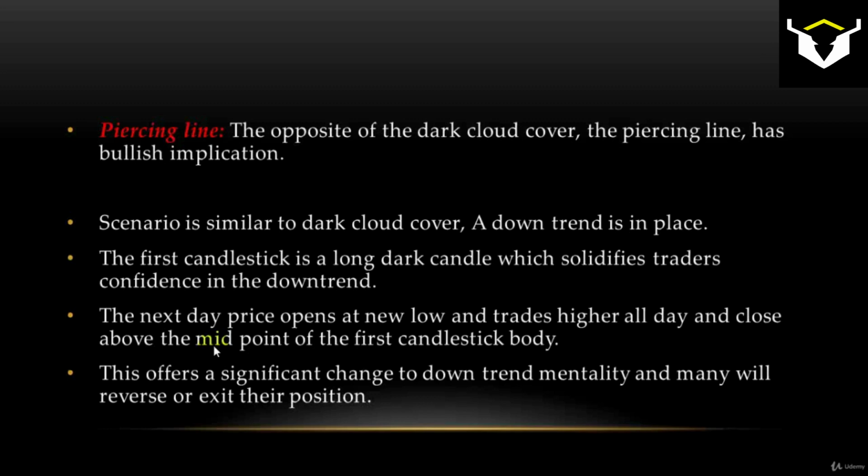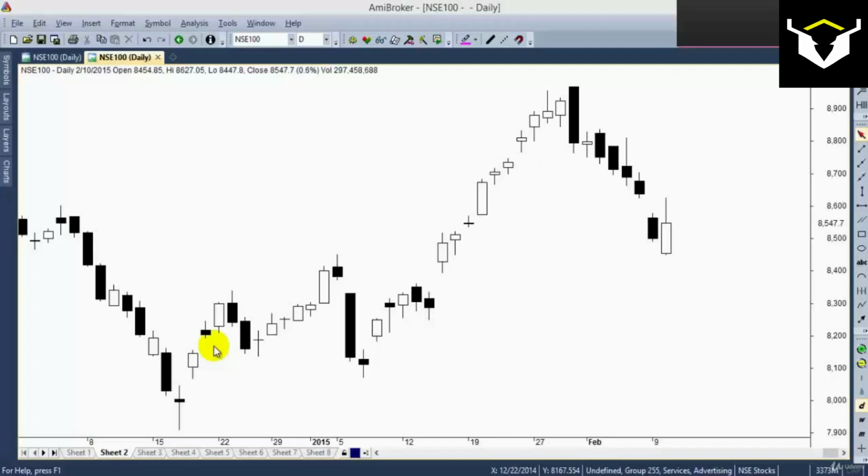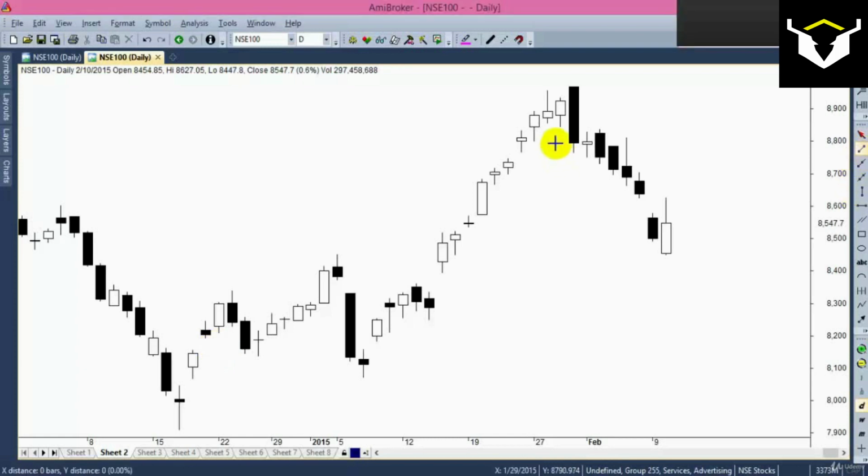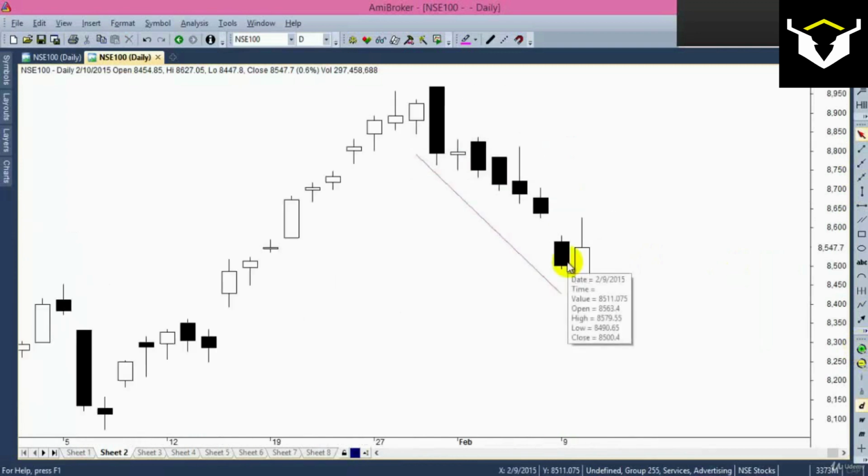Now let's take an example. We have already seen this example, NSE 100 daily chart, and as of the last bar you can see prices were in downtrend. The previous day gapped down and traded lower, confirming the bearish momentum, and on the last day of this downtrend prices gapped below the previous day, adding more to the bearish momentum.